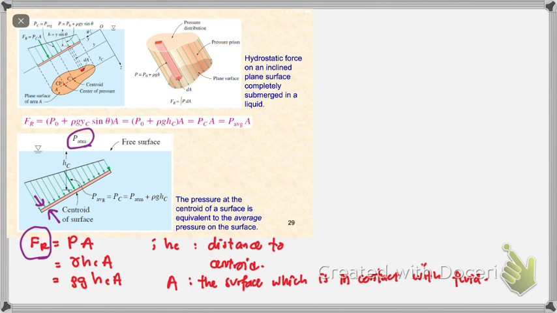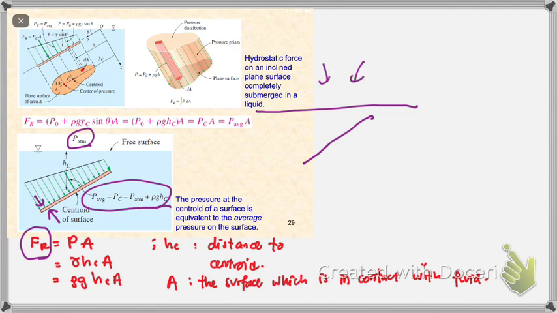So what does it mean by that? If you take this equation, you have a plate submerged under a liquid. Above here you have air, which gives you the P atm, and at the same time here you have the P because of the fluid.